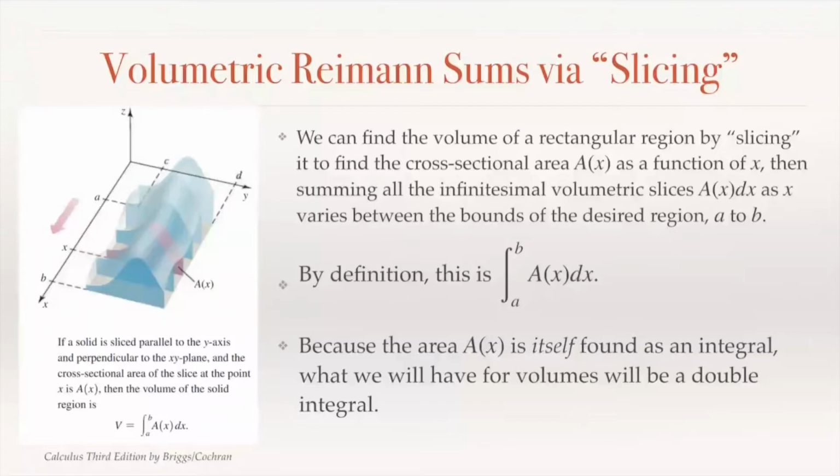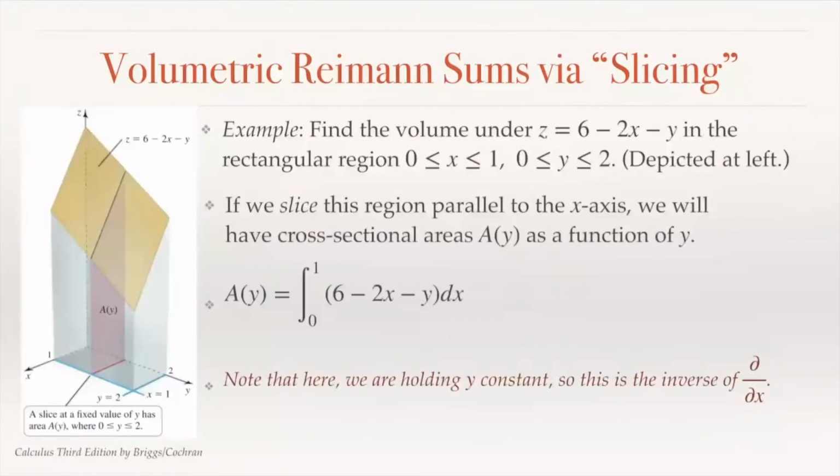Same idea: to find the volume underneath a surface, we can evaluate the area of a single slice, say at a given x value, and then add up each of those cross-sectional areas, dx in this case, and that will give us a little volume, and then we can integrate and add together all of those little volumes. So let's do an example.